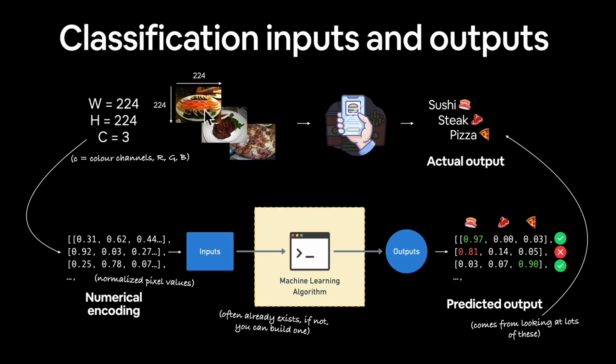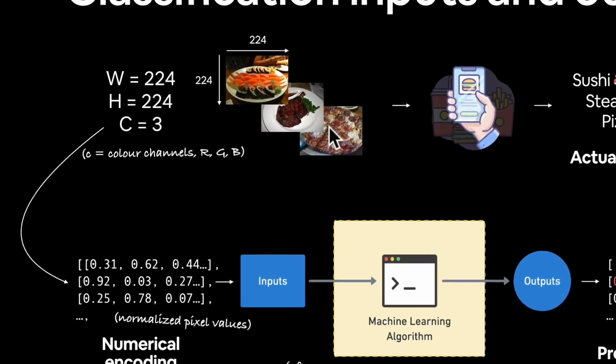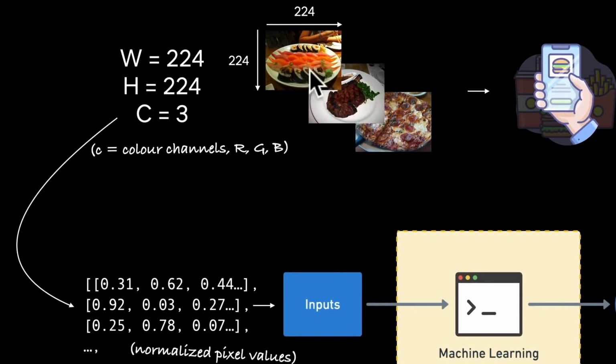This is our inputs over here. We numerically encode them, pass them to our machine learning algorithm, and then have some sort of output. All right. So the example we've seen here is for multi-class classification because each image or each sample can be one or another class.